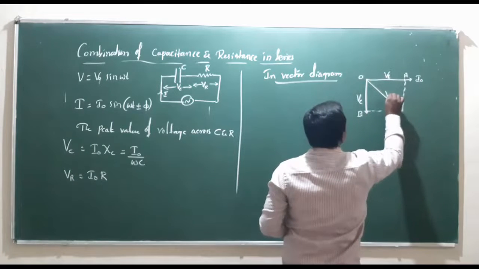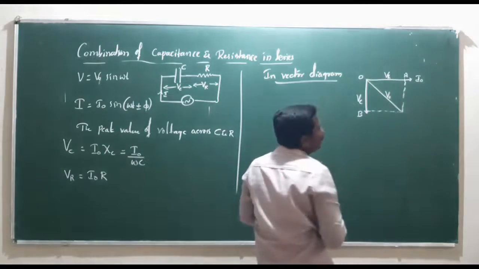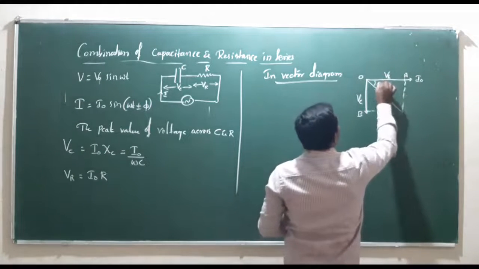The resultant of VR and VC gives the peak value of the voltage, and this is an angle pi.